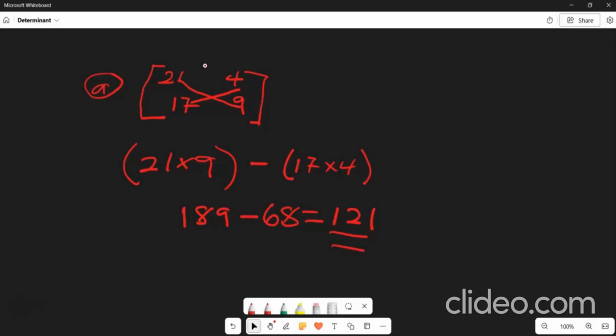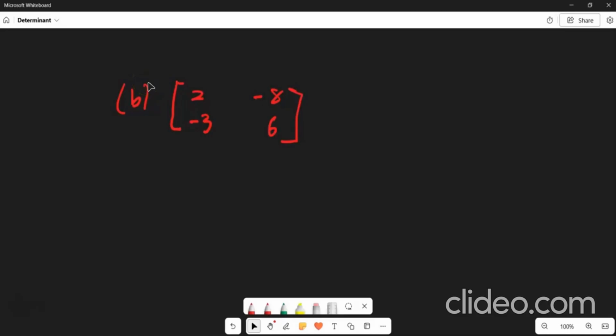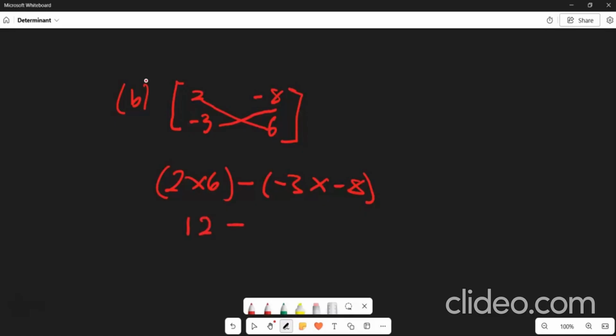So the determinant of this matrix is 121. Very simple like that. Again, let's look at the determinant for question B. The same procedure: the product of the leading diagonal, 2 times 6, minus the product of the minor diagonal, negative 3 times negative 8. 2 times 6 gives us 12, minus the product of negative 8 and negative 3, which is 24.